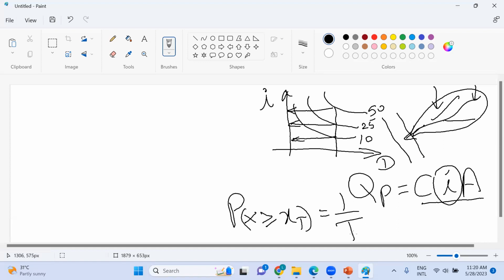So now if you are using, let's say, a 10-year return period, the exceedance probability is equal to 0.1. But if you are using a 100-year return period, the larger one, then it becomes 0.01. Now the exceedance probability is smaller.